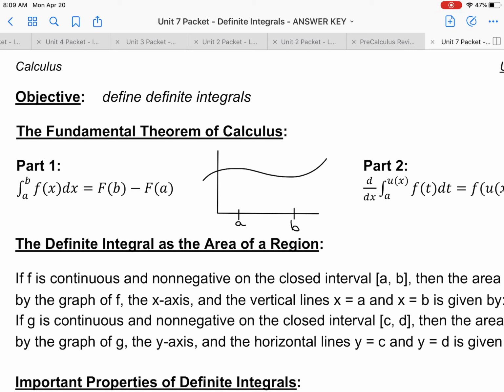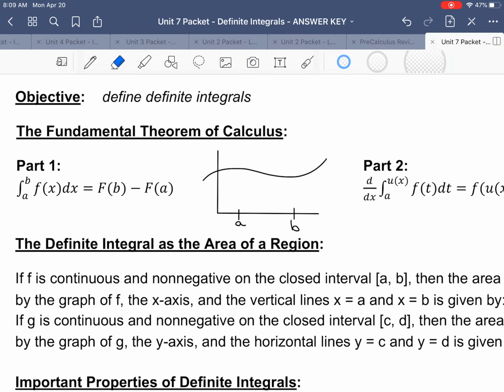Fundamental theorem of calculus part 1 is a little bit easier to understand than part 2. Part 2 kind of has its own day in the sun. So we'll put that off for a future video.